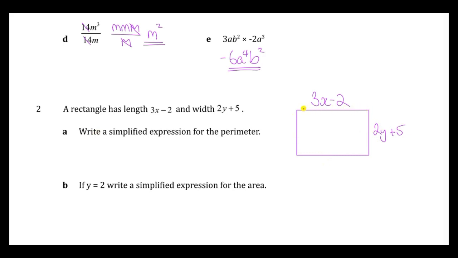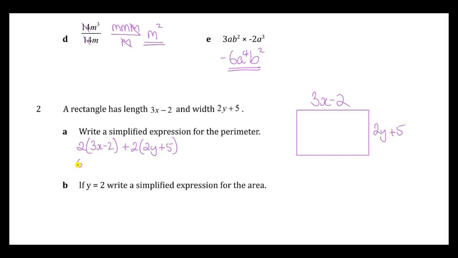So it's 3x minus 2 plus 2y plus 5 plus 3x minus 2 plus 2y plus 5. So what I've got is 2 lots of 3x minus 2 added to 2 lots of 2y plus 5.